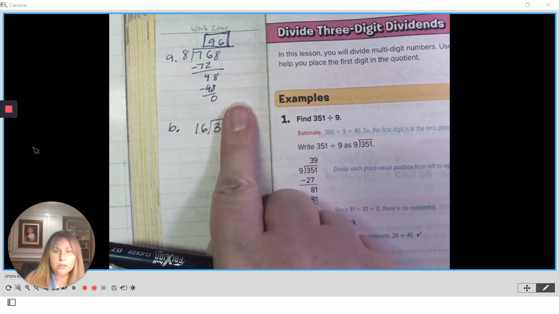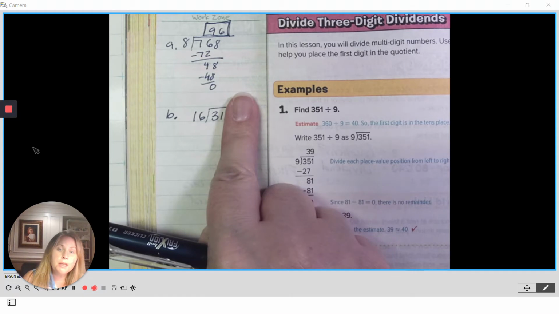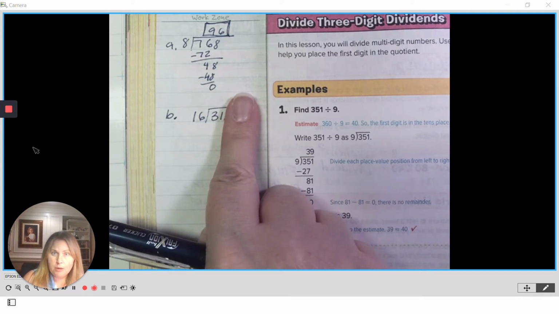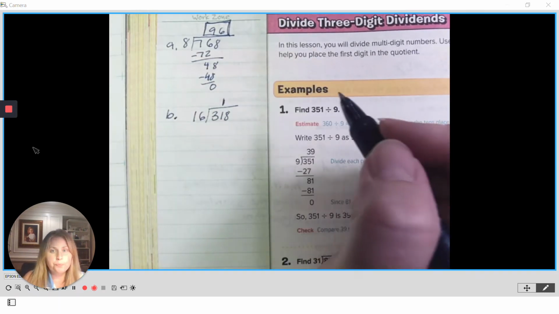No, so I can't write anything above the 3. Does it go into 31? It will go into 31. So if I think of 16, it will definitely go in once. 16 times 1 is 16. If I doubled the 16, that'd be 32. That's a little bit too big, so it's not going to be 2. It'll have to just be 1.